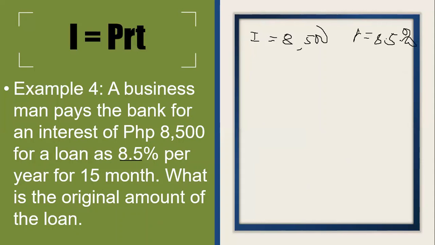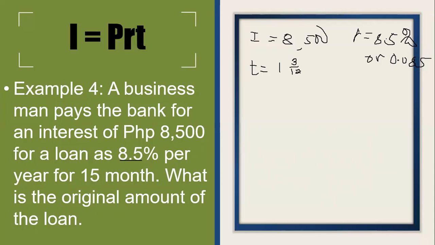Divide mo po sa 100, magiging 0.085. And then, for 15 months. So, ilan po yun? So, 12 po meron sa isang taon. So, 1 year and 3 months. So, our T is 1 year and 3 months or 3/12.